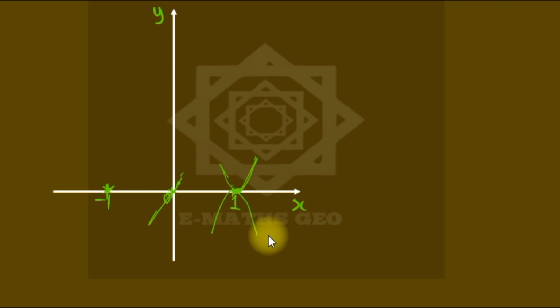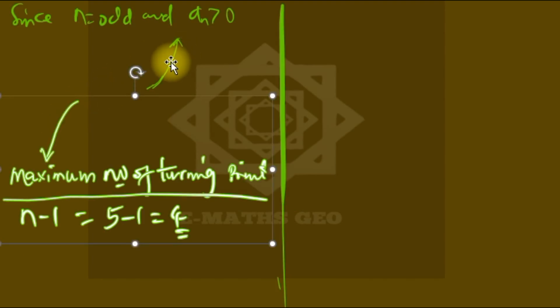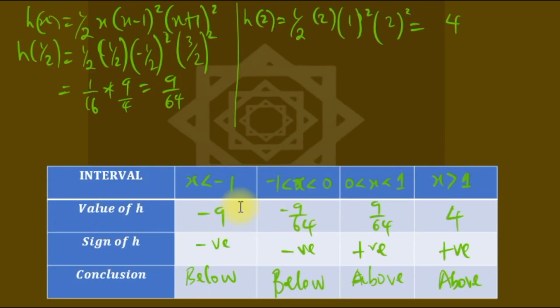So let's now use extra information. Remember, from our end behavior, it seems it will end this way, with the arrows pointing up at both ends. So let's pick the points in between.